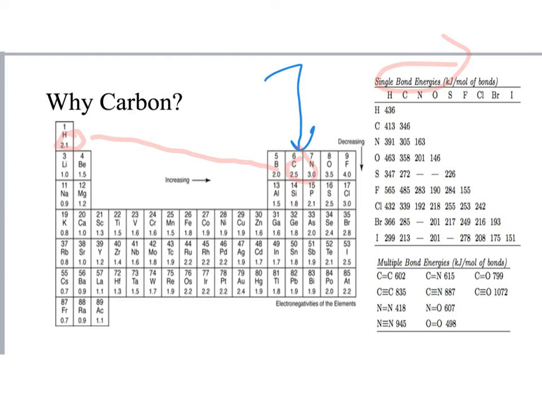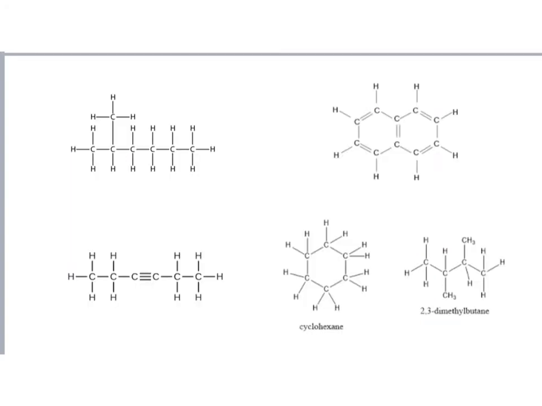And when you compare that against the bonds between two of the other elements, you can see that is actually very strong. The only stronger one in terms of single bonds is going to be hydrogen at 436. Obviously, hydrogen couldn't form a large network because it can only form one bond, whereas carbon can form 4 bonds. So this behaviour results in carbon being able to form many, many different types of hydrocarbon.